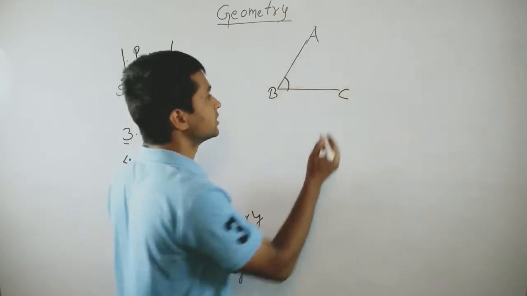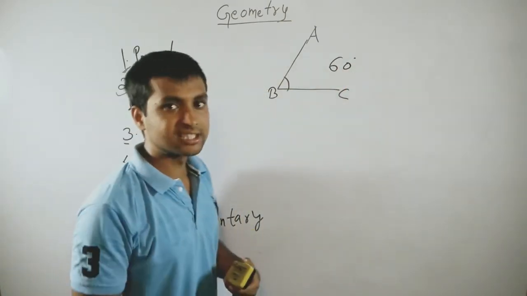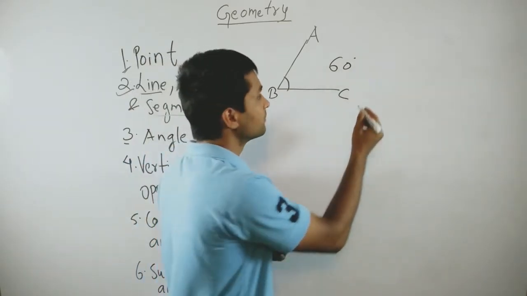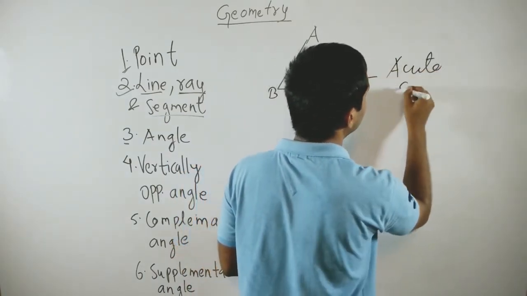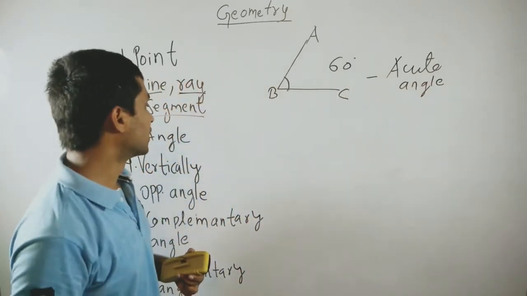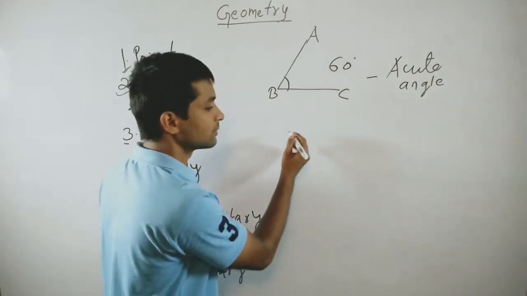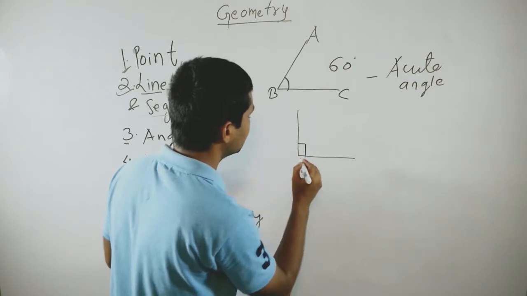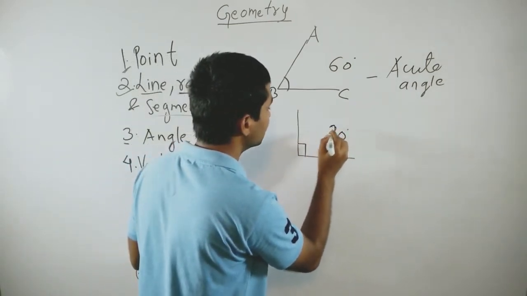Let's assume this is 60 degrees, and whenever an angle is less than 90 degrees, the angle is called an acute angle. And whenever the angle is exactly 90 degrees, for example, this one here is 90 degrees.